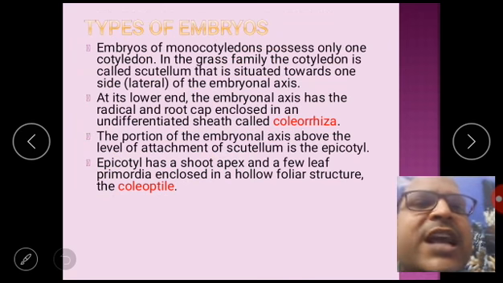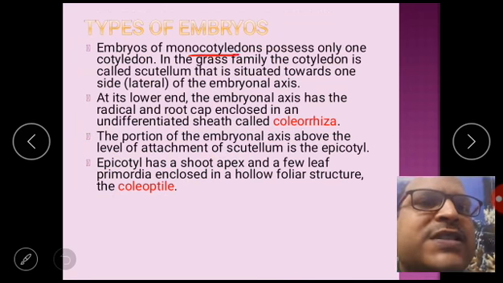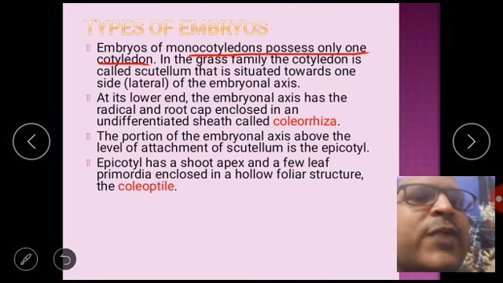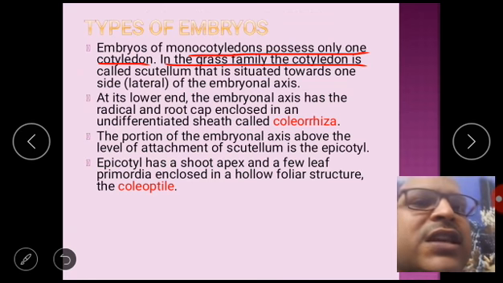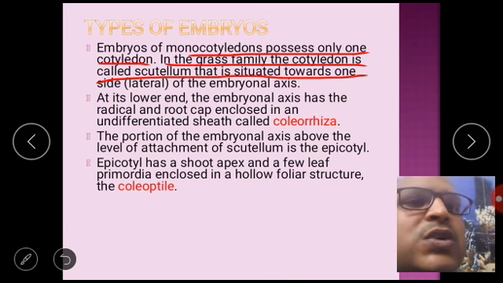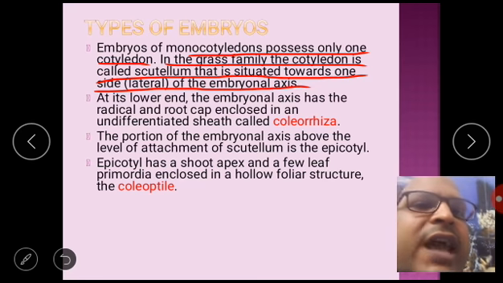Now, types of embryo. Embryos of monocotyledons possess only one cotyledon, that is known as scutellum. I have told, in the grass family the cotyledon is called scutellum, that is situated towards one lateral side of the embryonal axis.